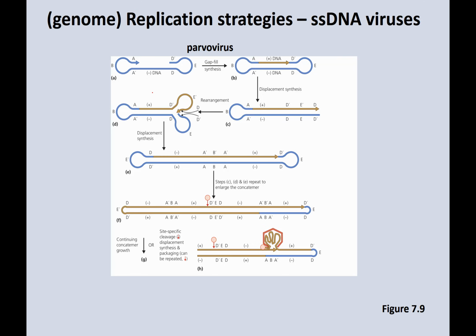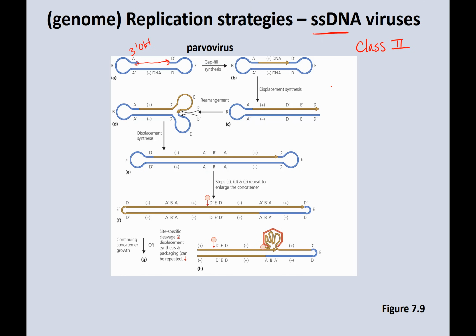The example I have for a single-stranded DNA virus, so this is a class 2 virus. Similar idea, it has a free 3' hydroxyl here already because it's single-stranded, and the DNA polymerase just comes along and starts copying, and then it also has inverted repeats.